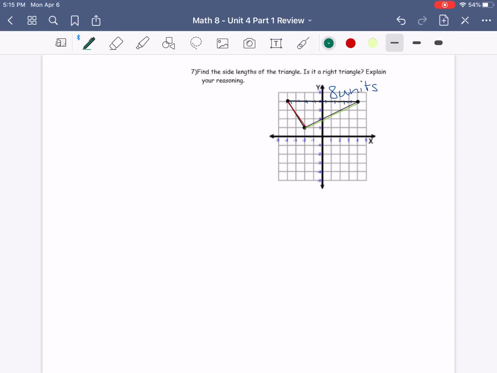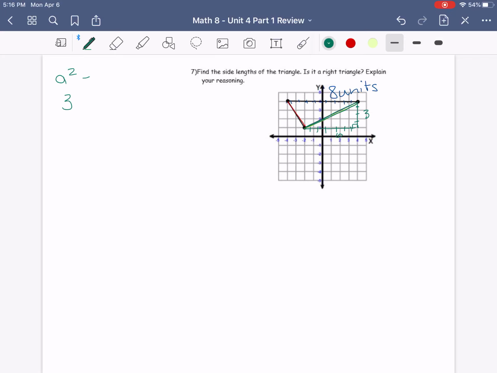So right now, we are going to calculate the other side lengths, still using Pythagorean theorem. In order to calculate this side length right here, we are going to drop a line here and put a line right here. And what do you know? We've created another right triangle. So this is 1, 2, 3 units. And this is 1, 2, 3, 4, 5, 6 units. So I'm going to use my Pythagorean theorem.